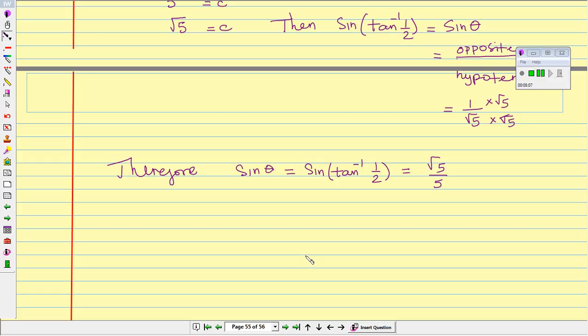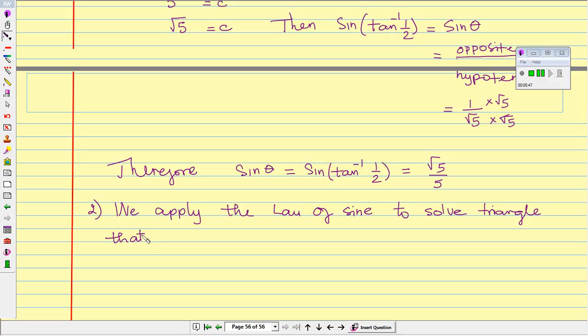Next, we are going to introduce the law of sines. This will be our objective 2. We apply the law of sines to solve a triangle that is not a right triangle.